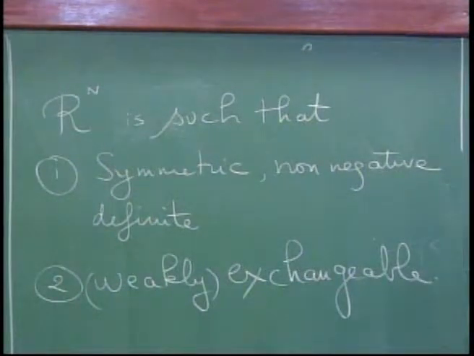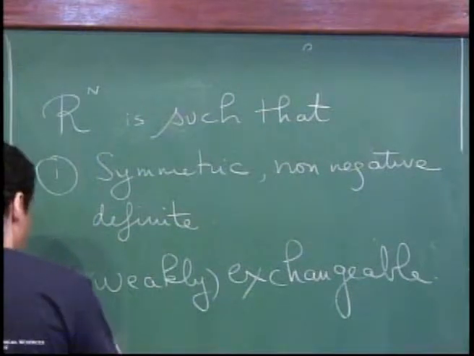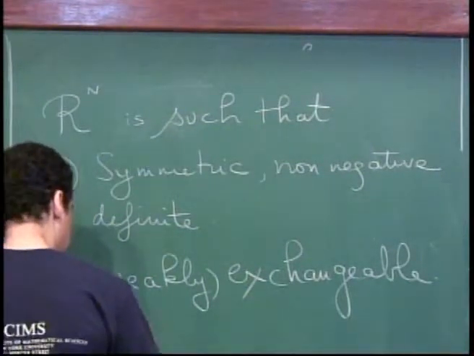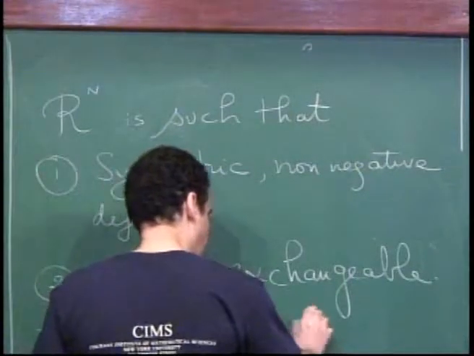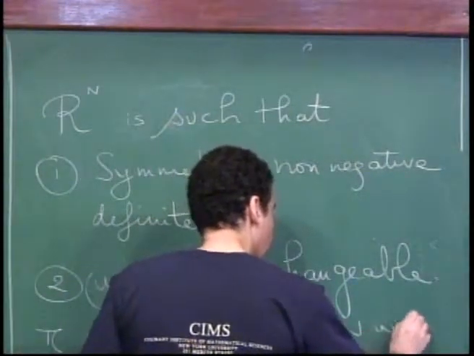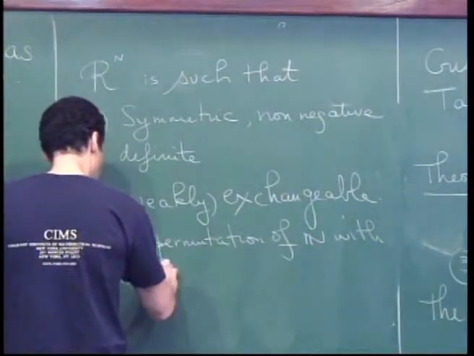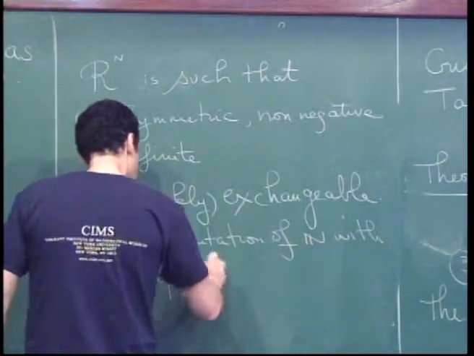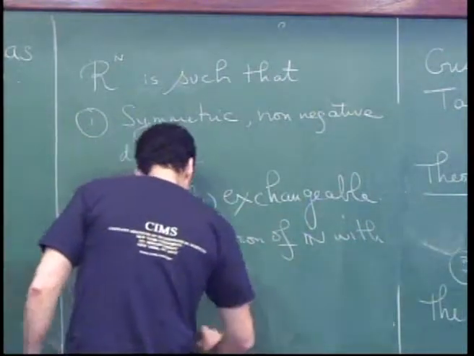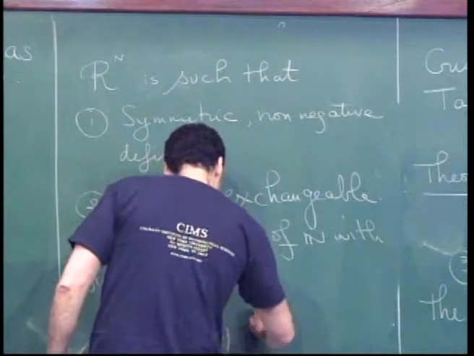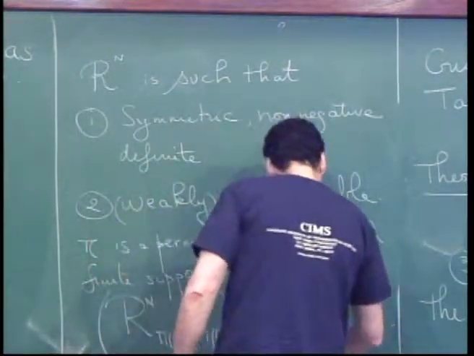If pi, because I can't call it sigma, is a permutation of the integers with finite support, so it only changes finitely many indices, then the distribution of R permuted by pi is the same as the distribution of R.